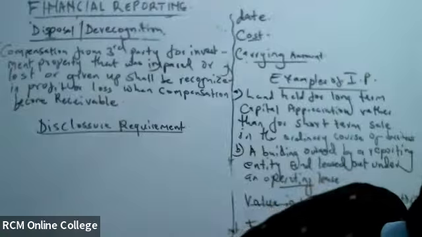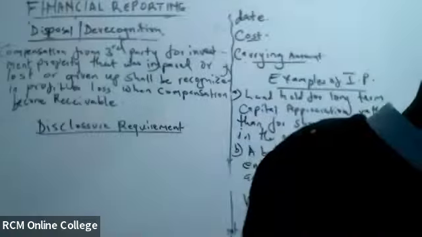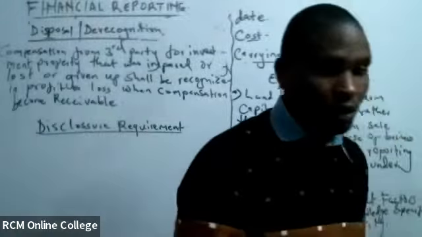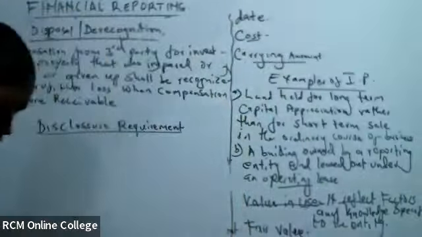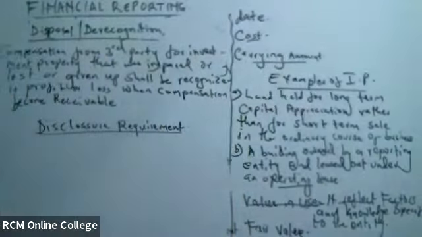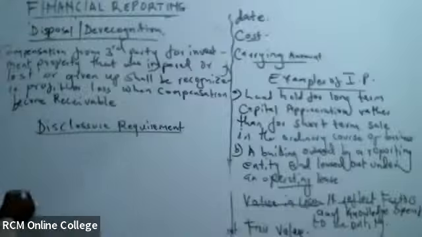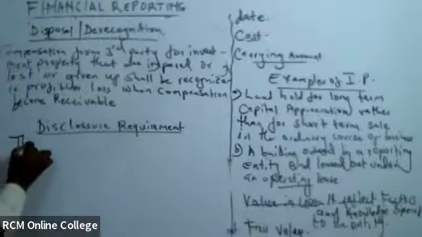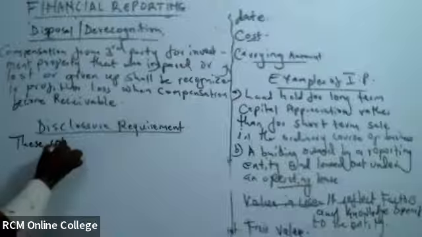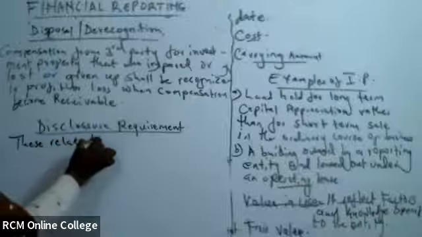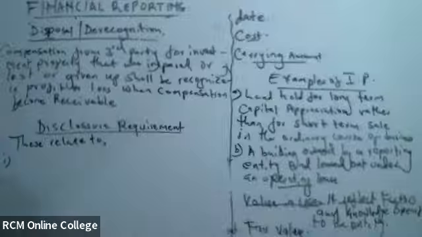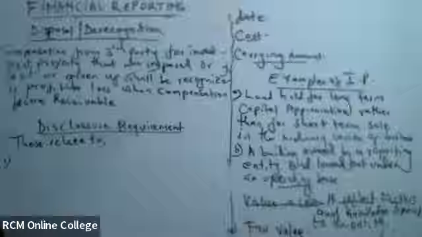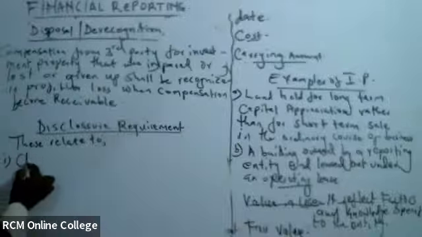Disclosure requirement will be the next requirement. For the disclosure requirement, these relate to, one, choice of fair value model or cost model.